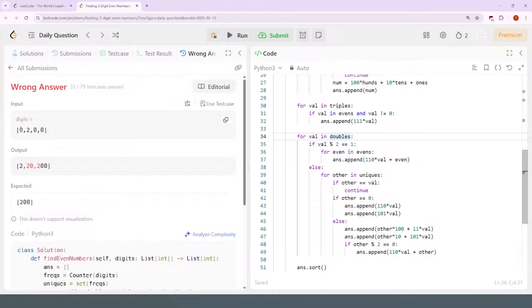Okay, so if the double's value is 0, then what am I doing here? It falls into this if statement. So the double value is 0.